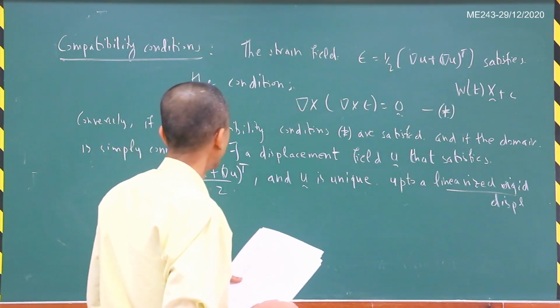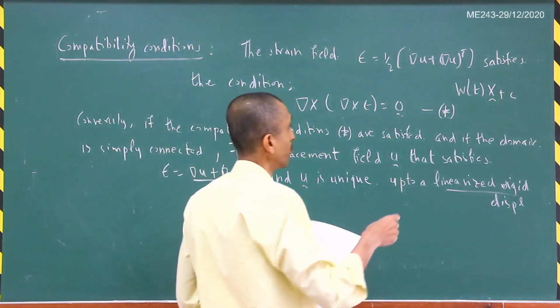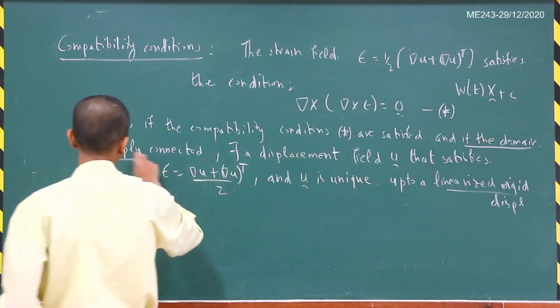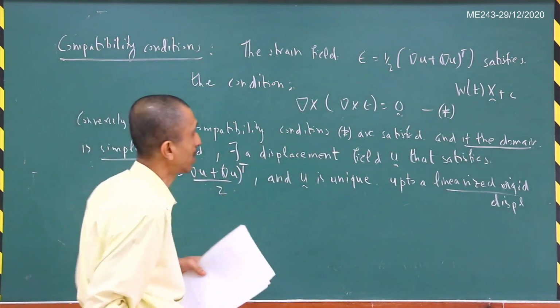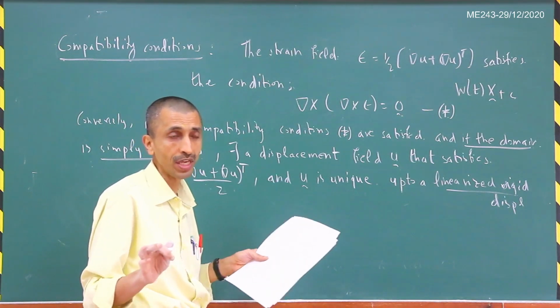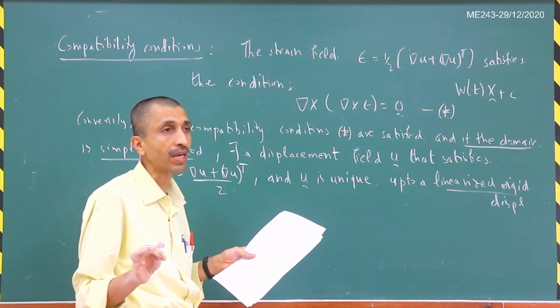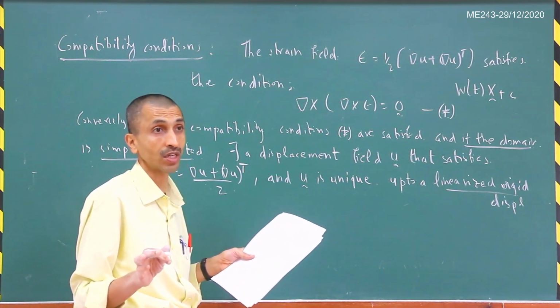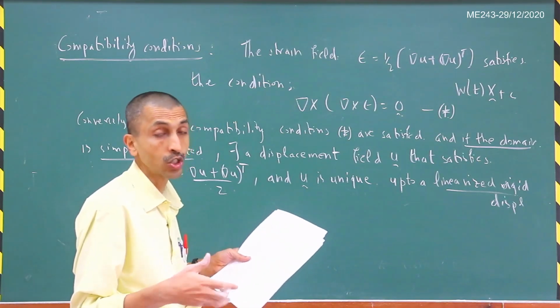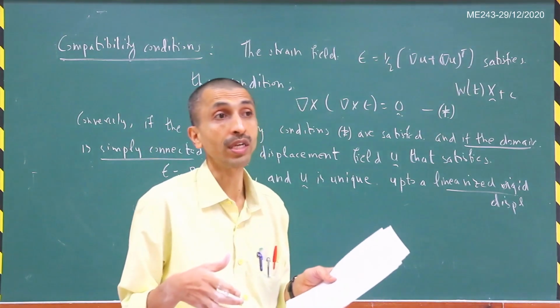Now another thing is that this domain being simply connected is also an important condition here. In the context of 2D, domain being simply connected means there are no holes in the structure. In the context of 3D, if you take a hollow sphere, that is also a simply connected body.